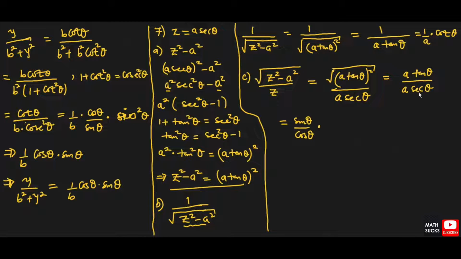Sec we know is 1 over cos, so 1 over sec is cos. So we are substituting for 1 over sec, and that cancels with that, and so we have sine of theta. We can therefore say that the square root of z squared minus a squared, everything over z, is equal to sine of theta, as simple as this.